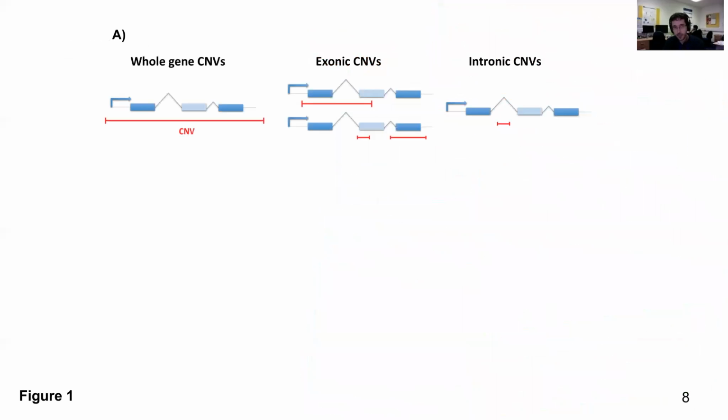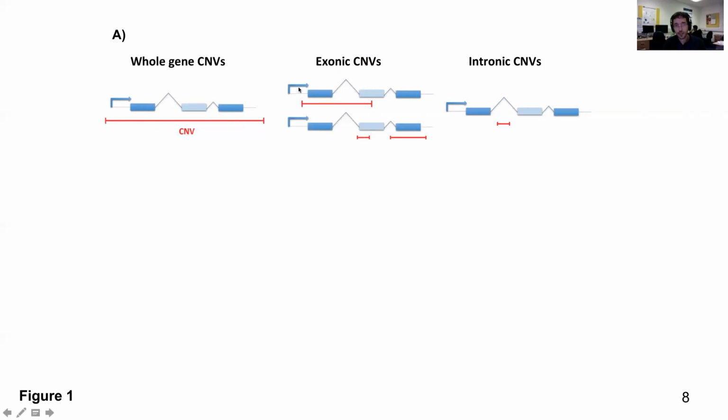As I said before, we are particularly interested in evaluating the impact of CNVs in genes. If you think about how a CNV can impact a gene, there are at least three basic scenarios. We can have CNVs that span entirely, incorporating a whole gene, sometimes even more. These CNVs will result in duplications or deletions of entire genes.